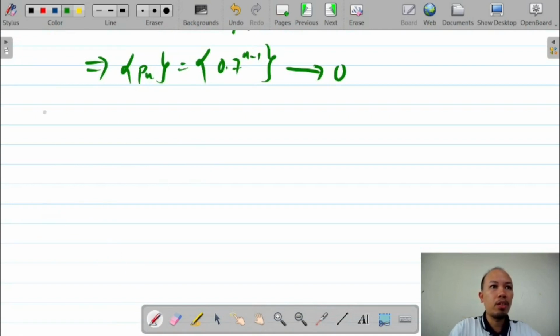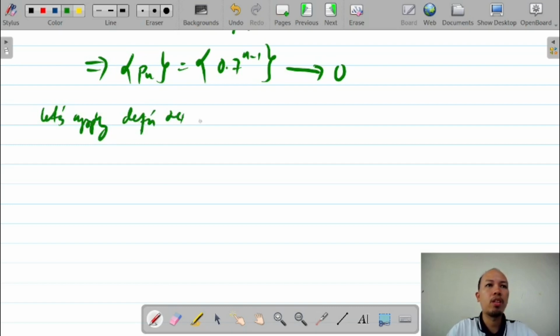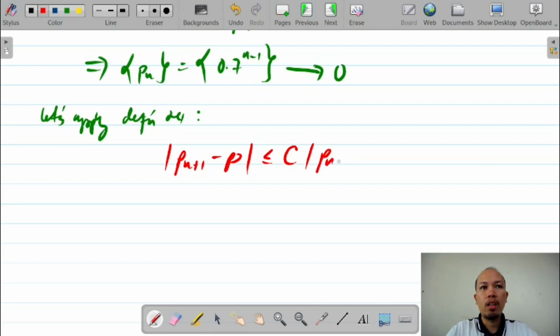So let's apply the definition, and notice that definition 24 says that the absolute value of p sub n plus 1 minus p is less than or equal to c times the absolute value of p sub n minus p raised to the power of alpha. Our p here is 0, the limit.